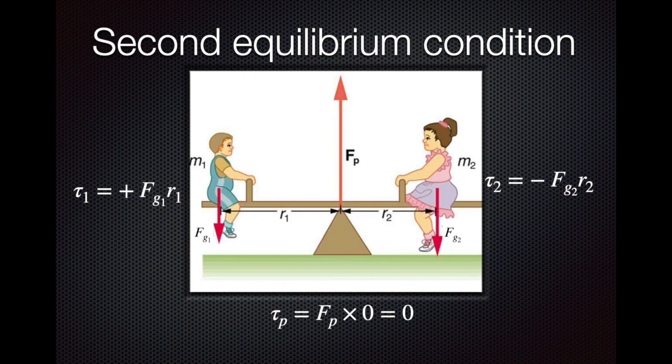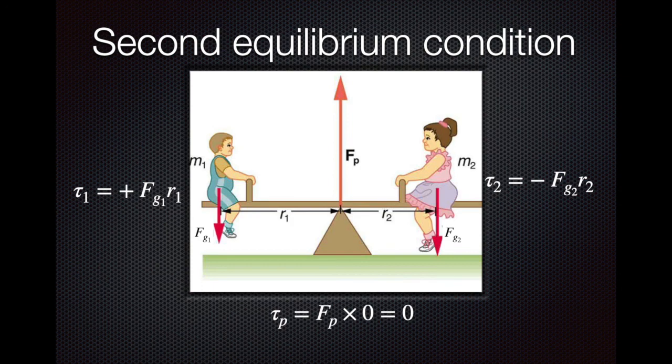But the distance from the pivot point is 0. So any force that goes through the pivot point is not going to be able to rotate the object. Right, so that force is important to balance out the downward forces of gravity from the children, for the first equilibrium condition, but it's not going to play into calculating the torque.